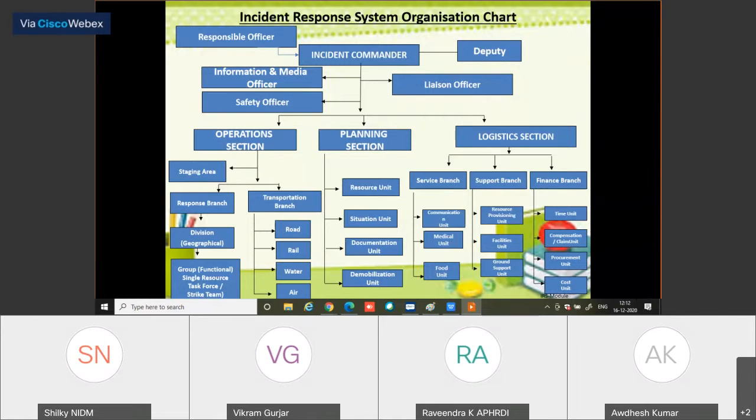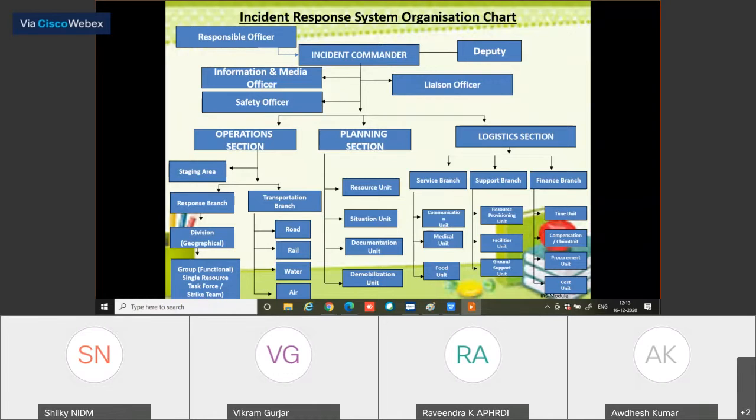This IRS can be applicable for planned events or for unplanned events, for any disastrous situations. We have seen it in the Kumbh, and in COVID-19 also, we have seen how this IRS works, with various ministries and organizations like police, medicos, paramedics.